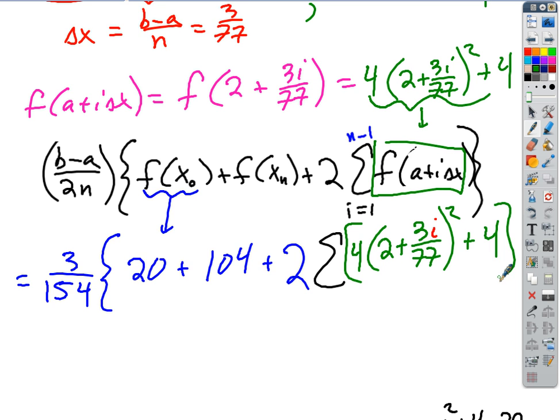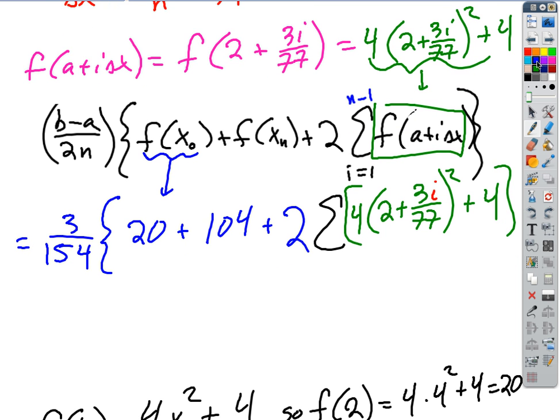And our sum goes from 1 to n minus 1, which for us is 76. Good.